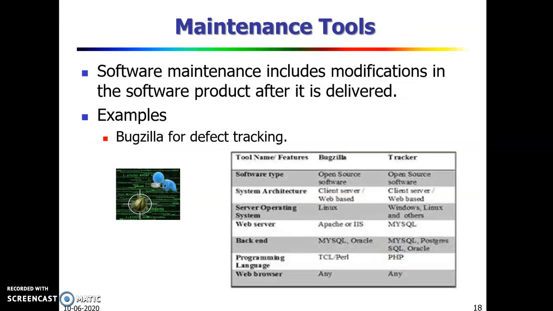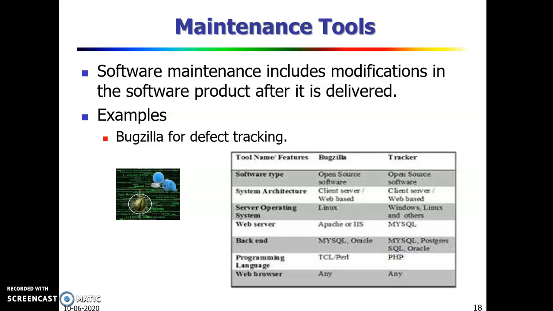Next is maintenance tools. Software maintenance includes modification of the software product after it is delivered. An example is Bugzilla for bug detection and tracking. Bugzilla is open source software, an open source bug tracker with a client-server, web-based application architecture.